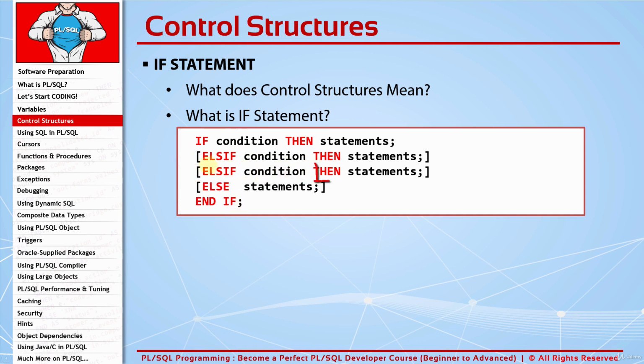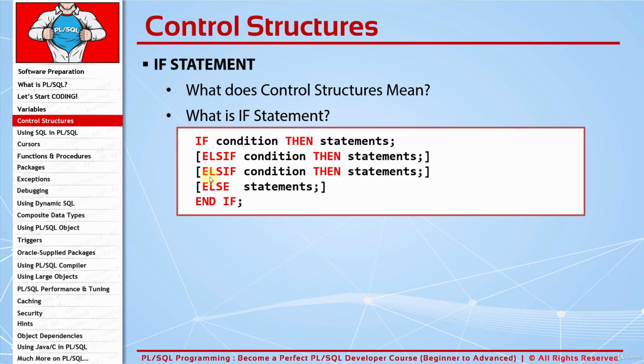And if this is true, this statement is executed. You can use as many else if statements as you wish, or you may not use them. It's optional. If there is not any condition that returns true, then the else statement is executed. This can be thought of as default execution. We can say that if none of our conditions return true, the else statement is executed.